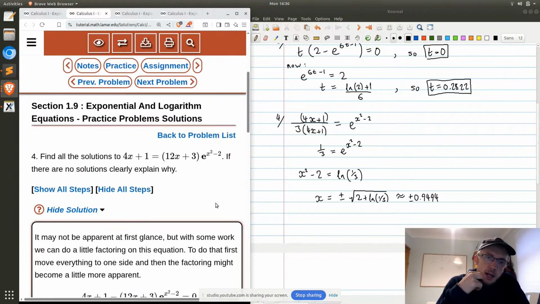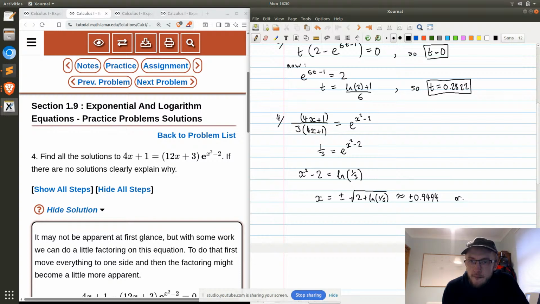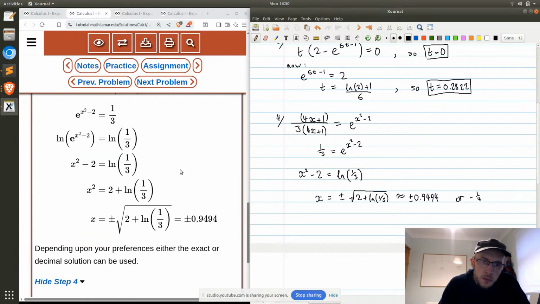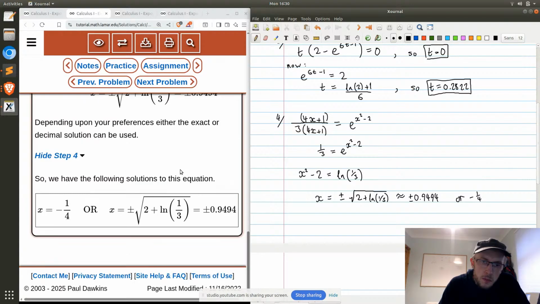We think that if we do have x be negative a quarter, then in the original we could get 0 equals 0. But no, it doesn't apply to this here.